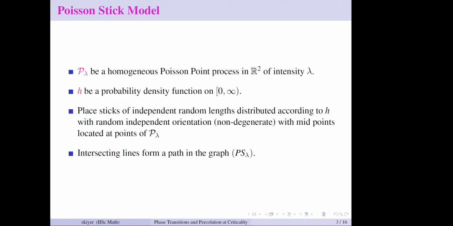It just should not be degenerate. One can think about this graph as follows: you have these sticks, and intersecting sticks form a path in the graph.